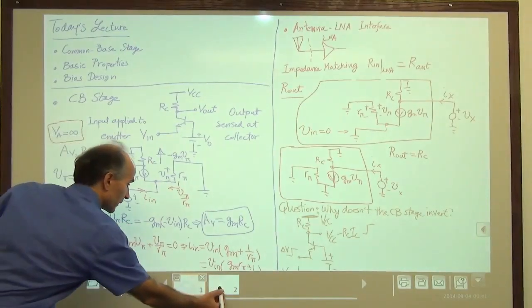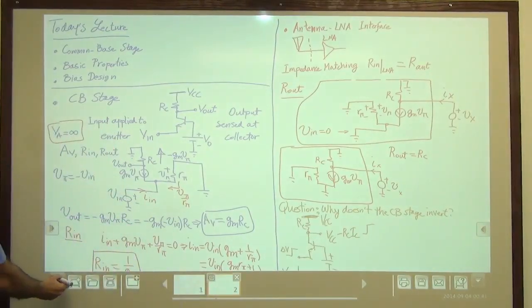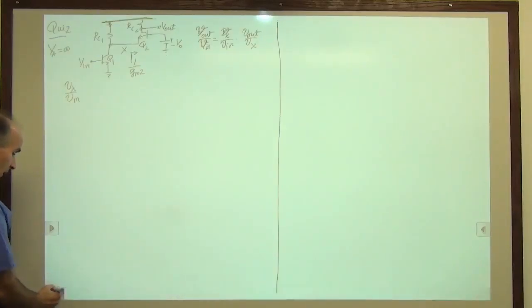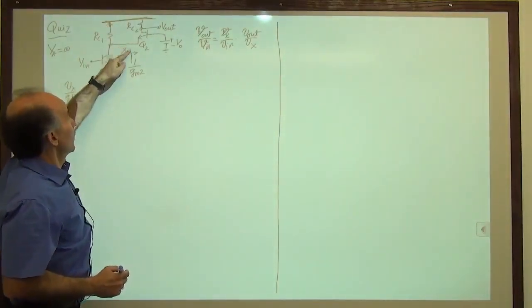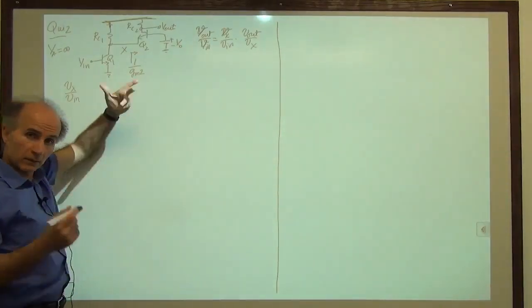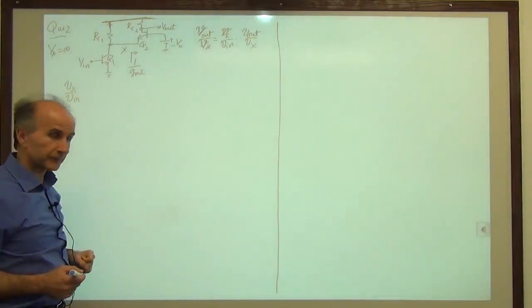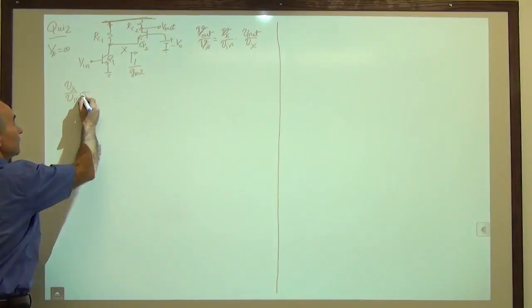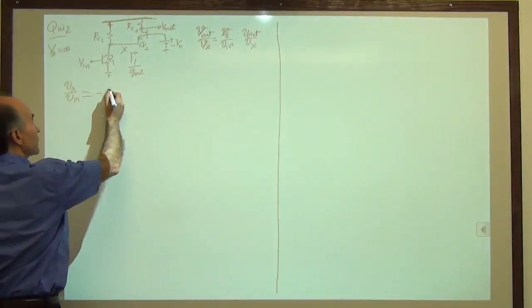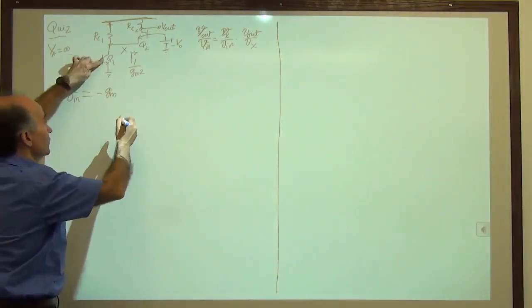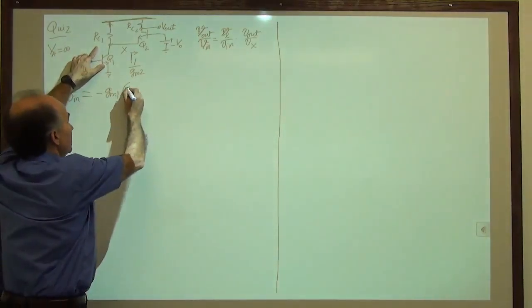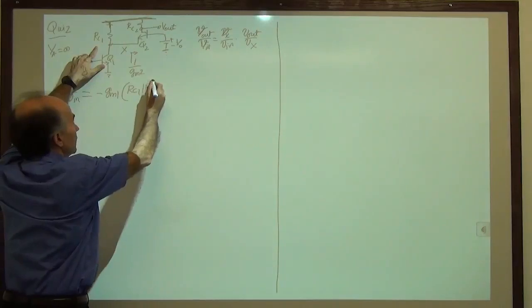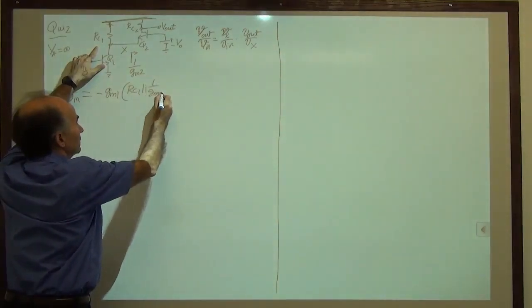So what we see at the collector of Q1 is RC1 to AC ground and 1 over Gm2 to AC ground. So these two are in parallel. So we can say Vx over Vin is equal to minus Gm1 times RC1 in parallel with 1 over Gm2.